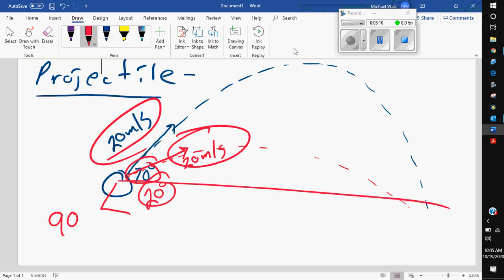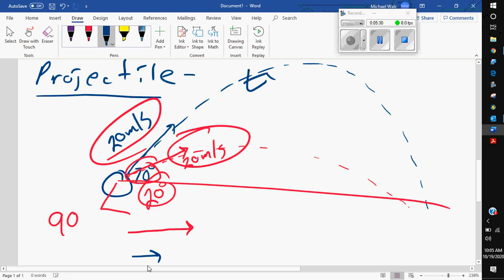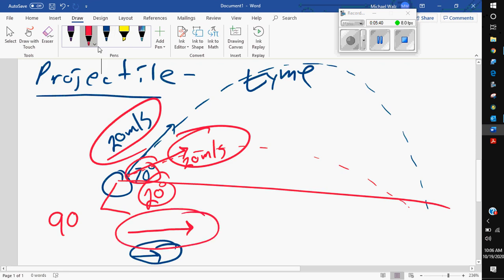The trajectory looks different, but the big difference is that the one at 20 degrees has a bigger x velocity, and the one at 70 degrees has a smaller x velocity. So it has more time in the air to go at the smaller x velocity, and it ends up going the same distance as the larger x velocity with less time.